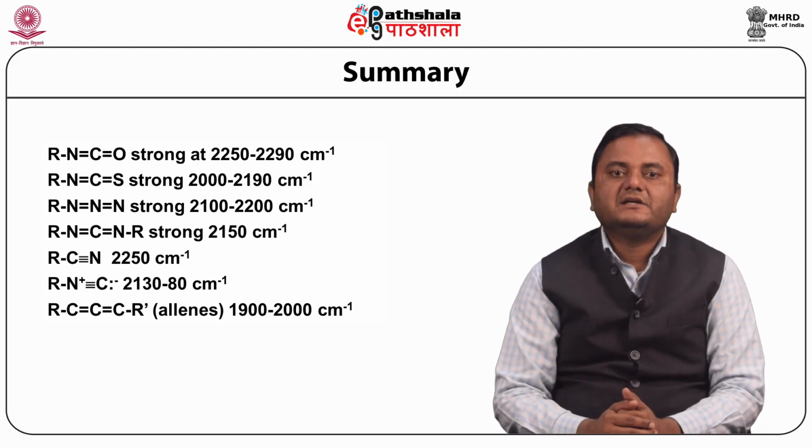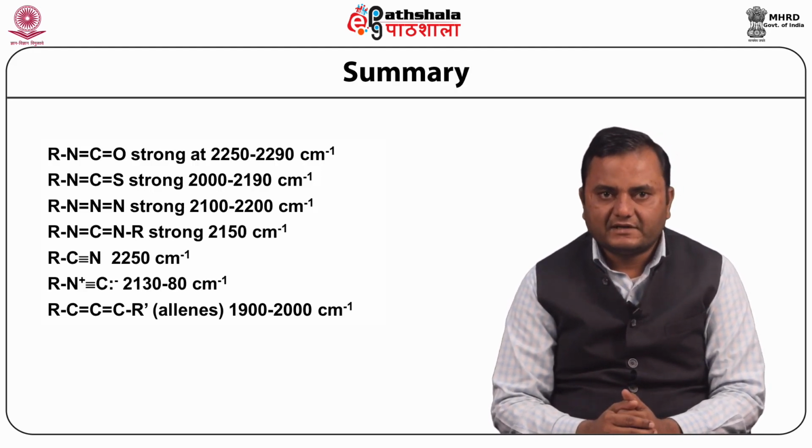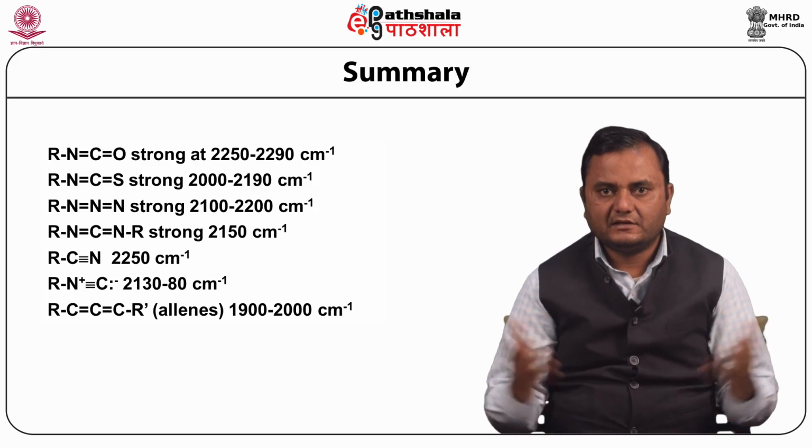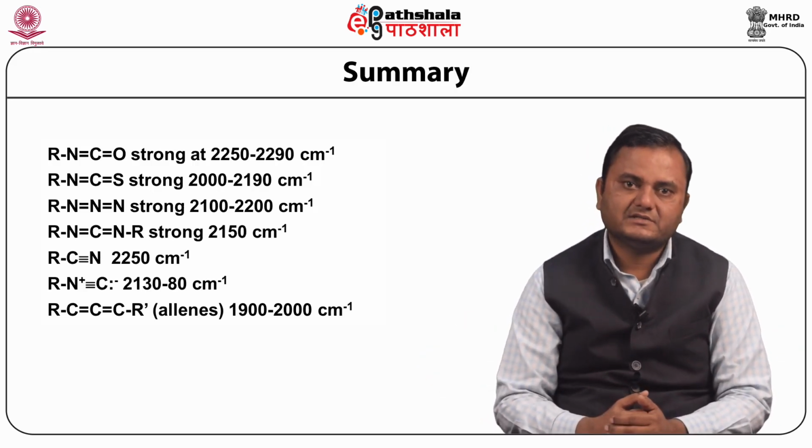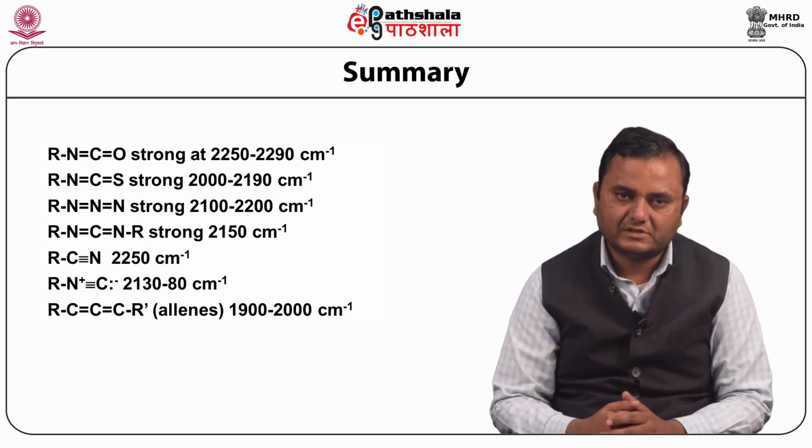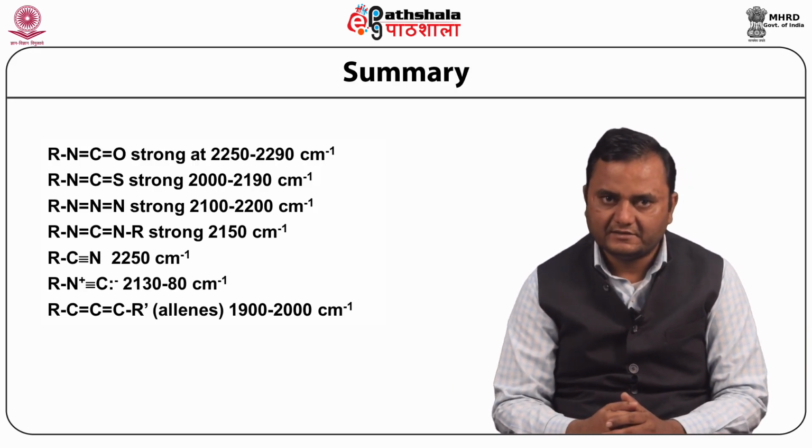But if the oxygen is replaced by sulfur, as in the isothiocyanate group, then it shows a strong peak between 2000 and 2190 per centimeter.